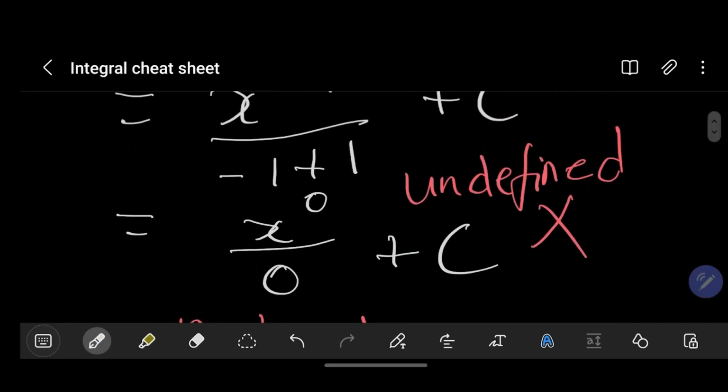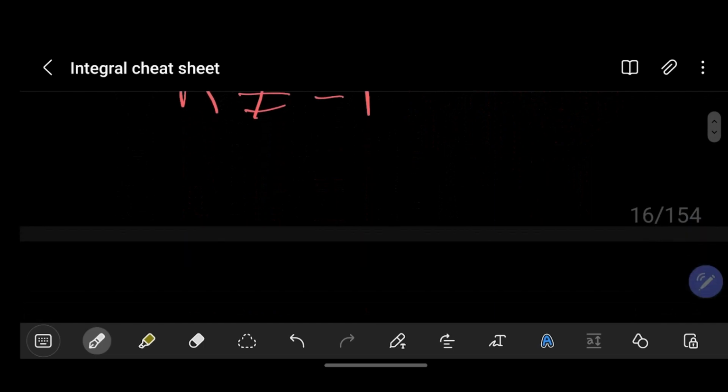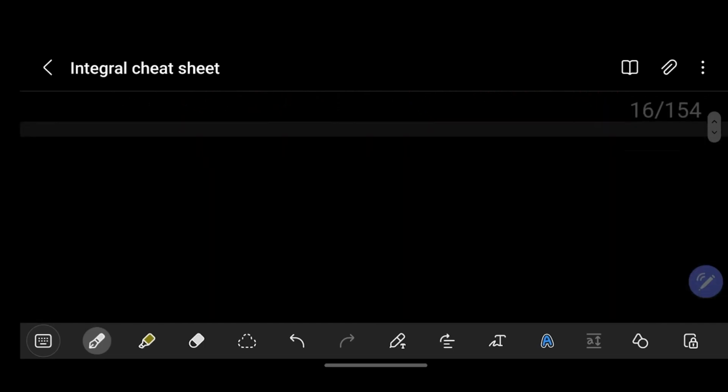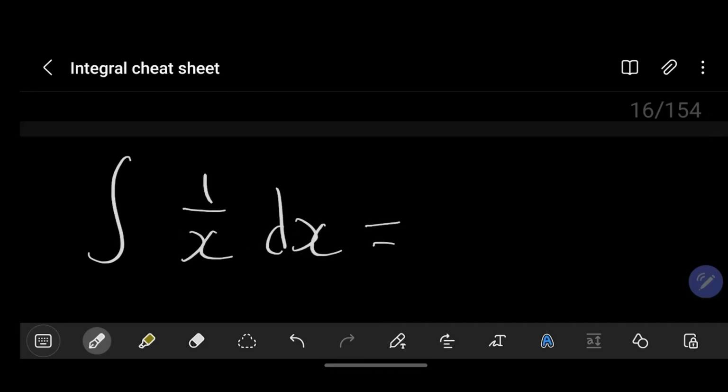We would use the reciprocal rule, and that rule says that the integral of 1 over x dx is equal to ln x plus c. Okay, quite simple. So let's do an example.